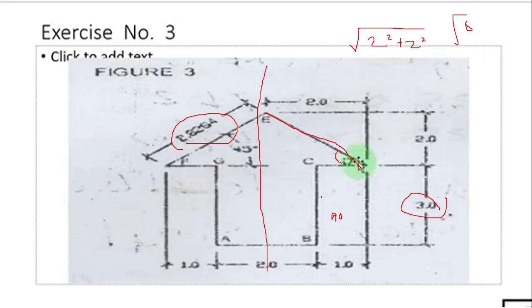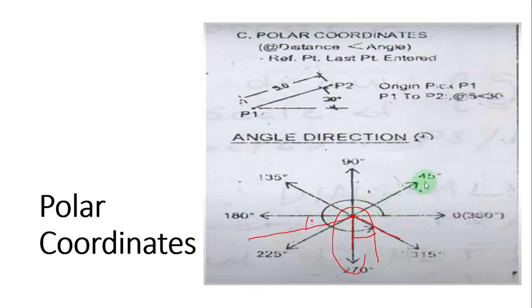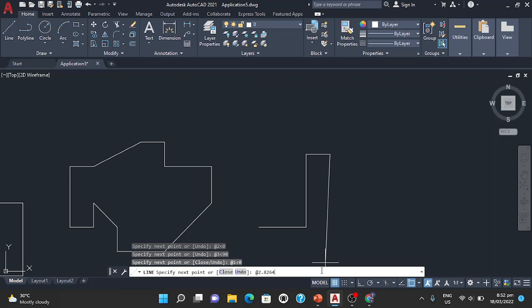Then the angle for this one is 45. But based on our angle of direction, so if this is the point and we have here a line going up to the left, going northwest, so we have here this 45 degrees. So 90 plus 45, so we will get 135. So we have here angle 135.